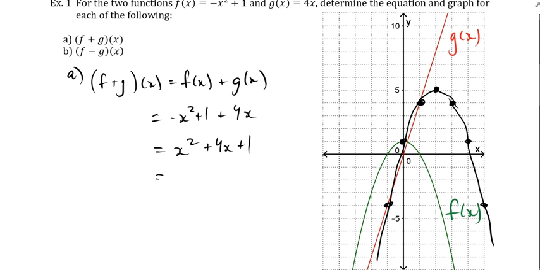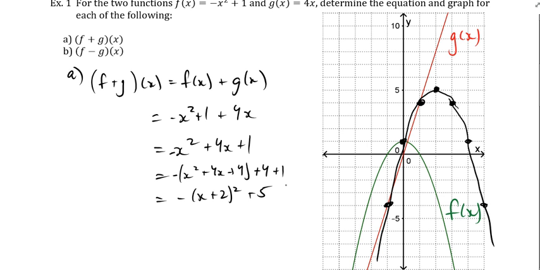Now, what's neat is if I complete the square, I get x squared plus 4x. So half of that is 2, so plus 4 minus 4. Oh, sorry, this should be negative. So that should be positive plus 1. So this works out to negative (x plus 2) squared plus 5.